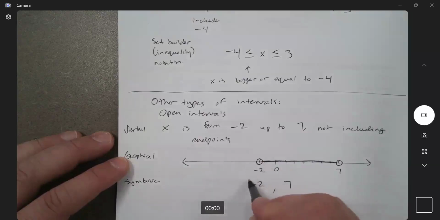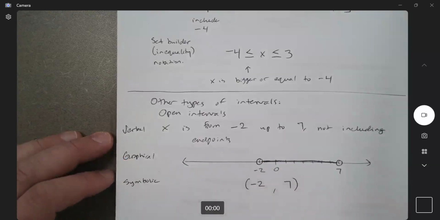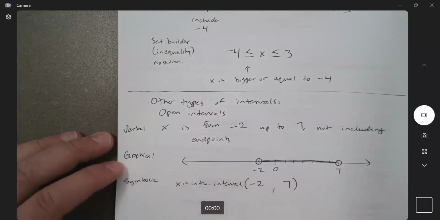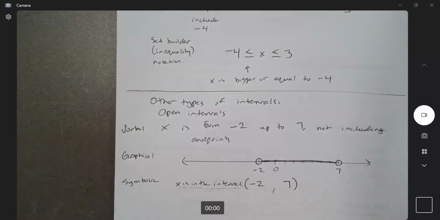And to show that we're not including them, we use open parentheses, which is a really bad idea, I think, because is that an interval? Is that a coordinate point? Who knows? And so I write x is in the interval -2 to 7. And that's why I think this piece of the sentence is important, because it shows us we're actually talking about an interval.